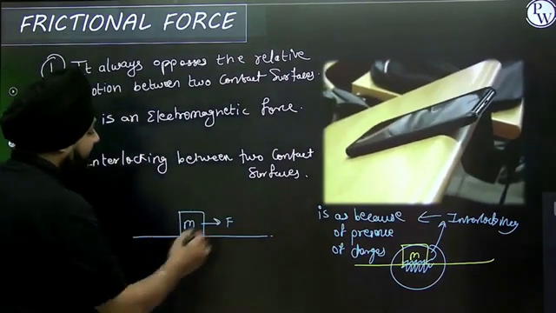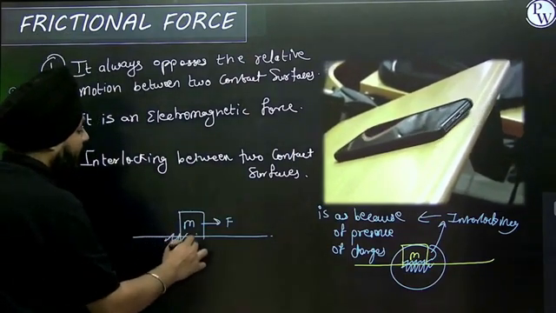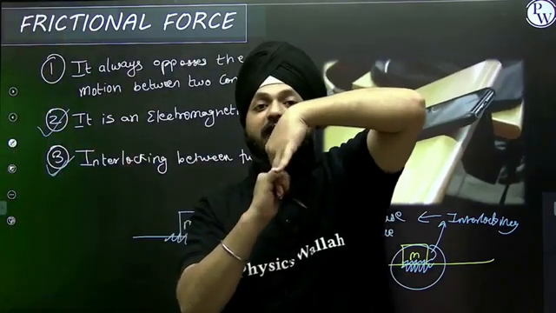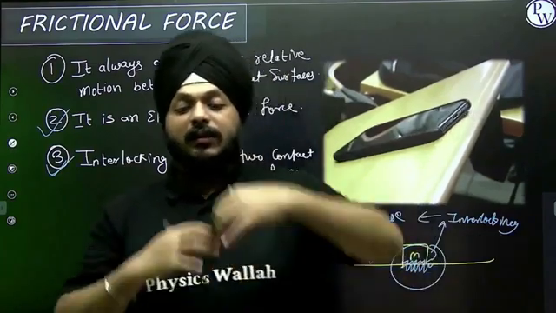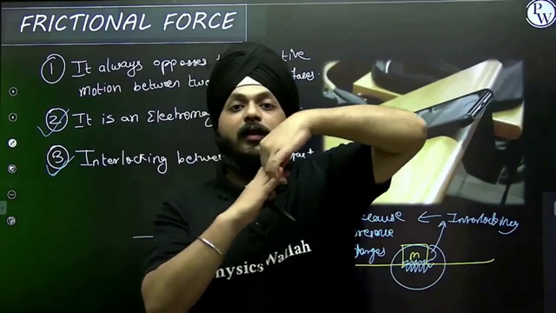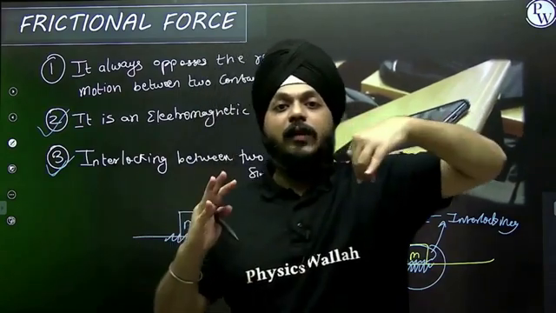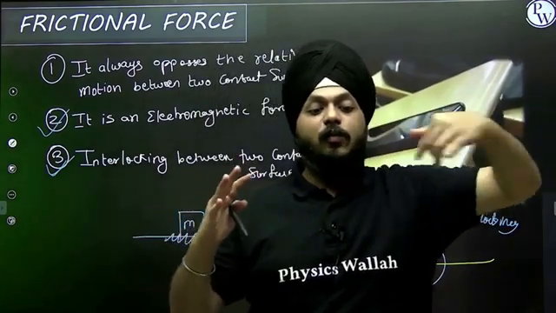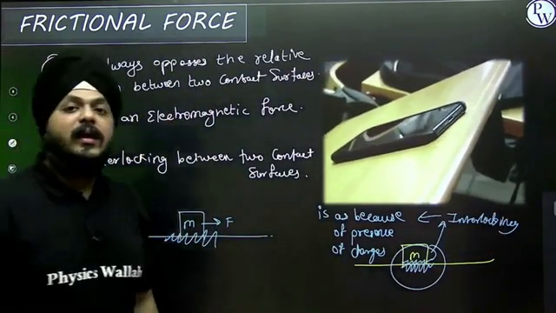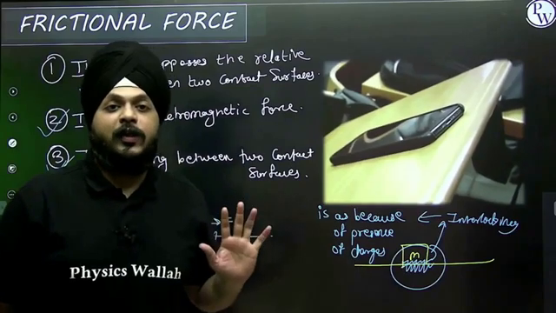Suppose this is an object, a high value of force is applied, and this is interlocking. If a high value of force is applied, somehow this interlocking will get broken, and the object will move this way. So in that case, what will be the direction of friction?